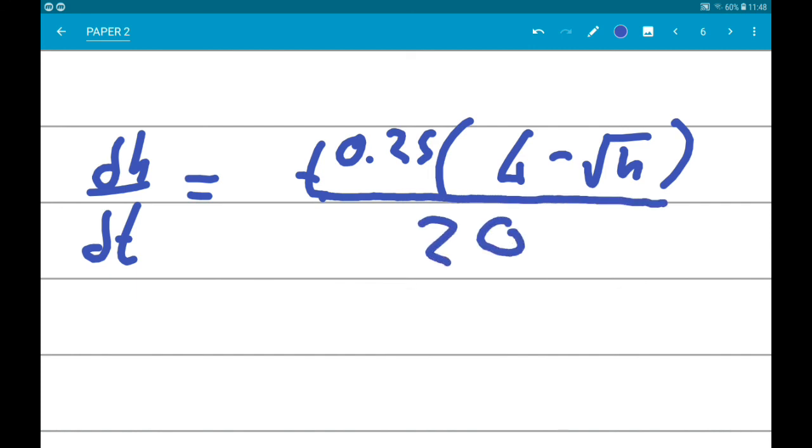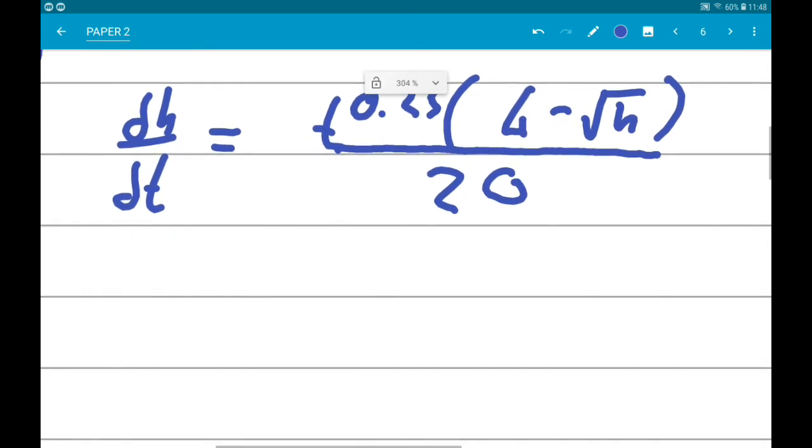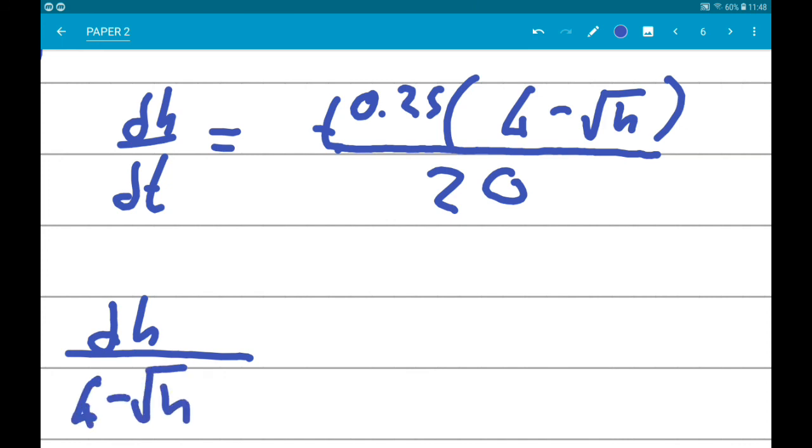Now we're going to get the h's on one side and the t's on the other. So we're going to get dh over 4 minus root h is t to the 0.25 over 20 dt.